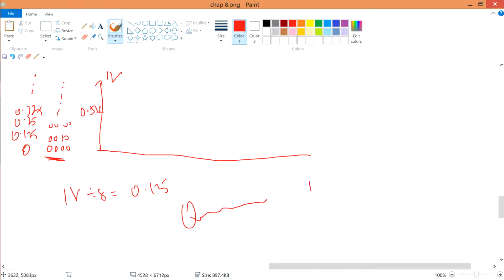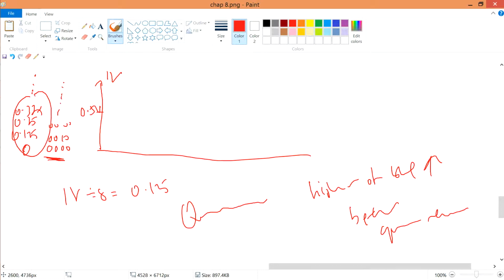So the higher the number of bits you have, the better the quantization resolution, because you can have finer voltage steps. For example, 1 volt divided by 50, you'll have 0.02 volts. Compared to 0.125, 0.02 is much finer, much more precise, because you are going in intervals of 0.02.